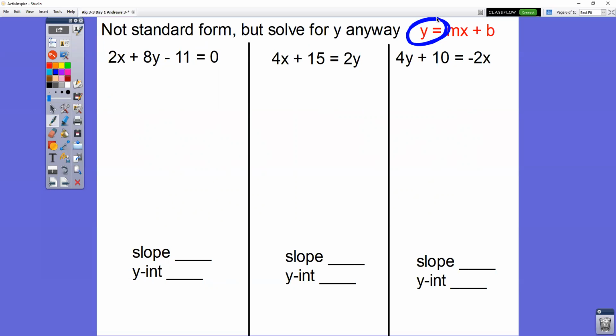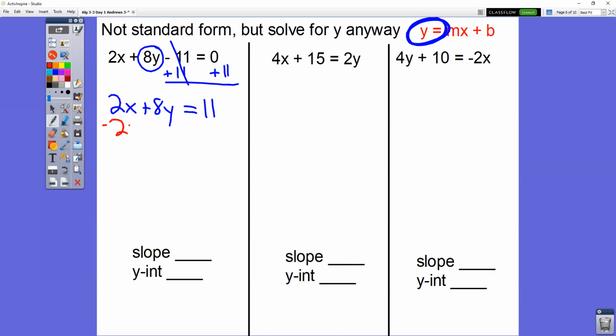In this first one, we want to try and get this 8y all by itself. So one of the things that we could do first is get rid of that -11 by doing +11 and +11. So now I would have 2x plus 8y equals 11. Now it looks like a standard form one.